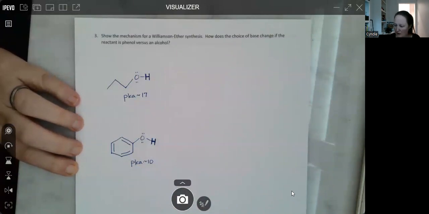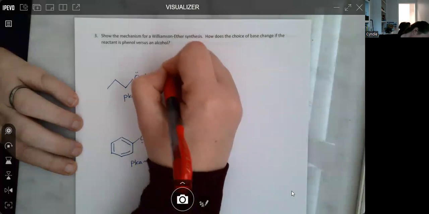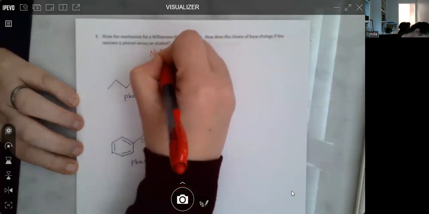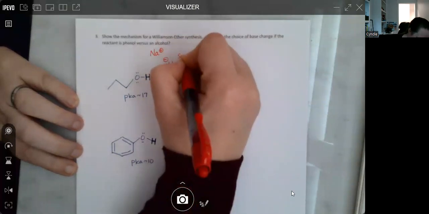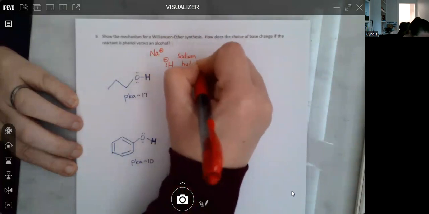Okay, so the choice of base. In this case, we're going to choose sodium hydride as base.